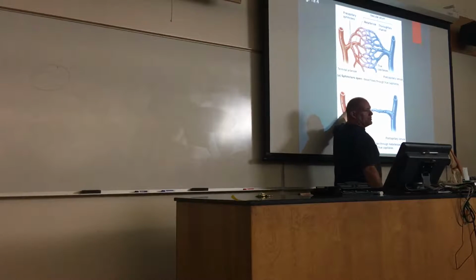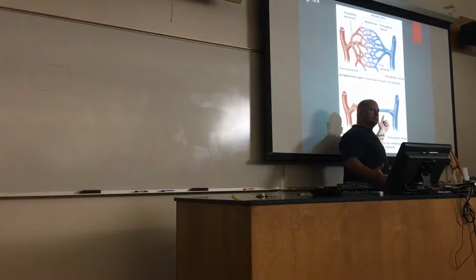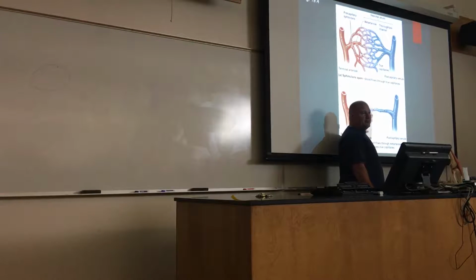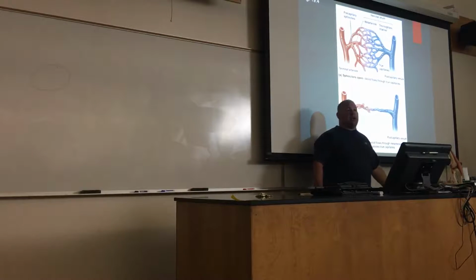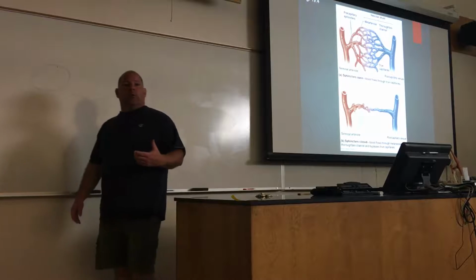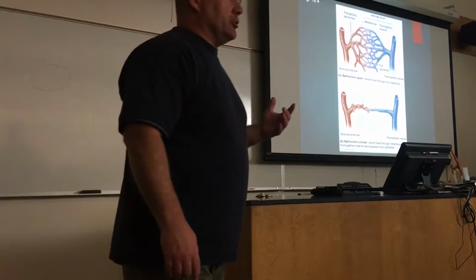When these contract, then I shunt my blood. If you notice, the blood is not going out to these capillaries. It's going directly across over here to the postcapillary vein. That's a shunt. We would do this if you were cold and we were regulating body temperature.